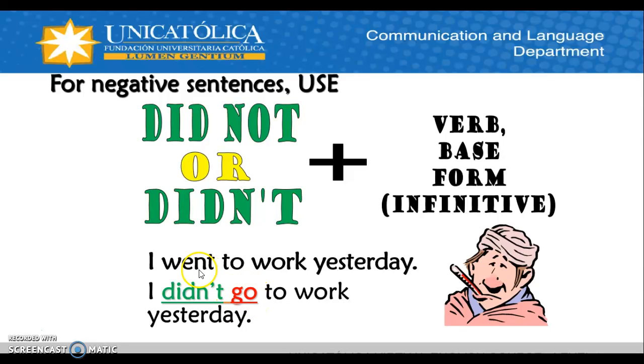In past it is went, but this is affirmative. So when you are going to tell us something in negative, you must use didn't, and the verb must be in infinitive. So, I didn't go to work yesterday. Okay? Just keep in mind because that's really important.